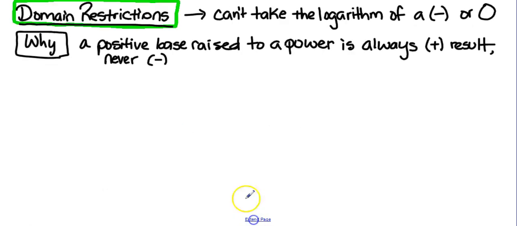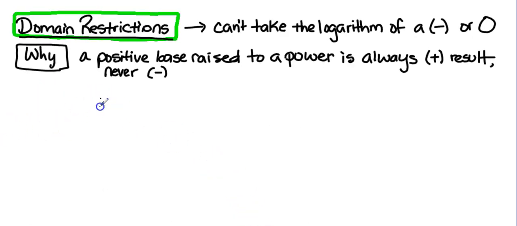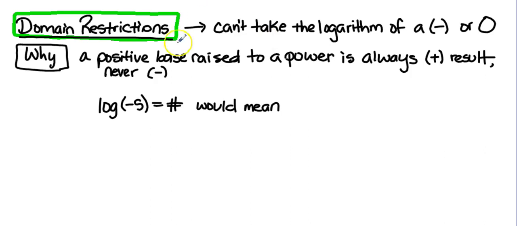So for example, if I try taking, let's say, log of negative 5, and we said that that equals some number, that would mean, remember that this is log base 10 if you don't see something, that 10 to a number can equal negative 5. That will never be true.